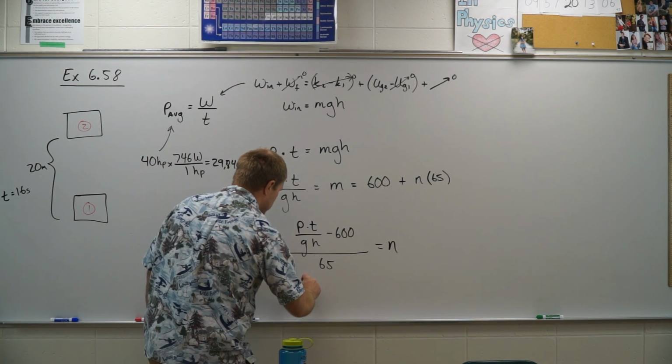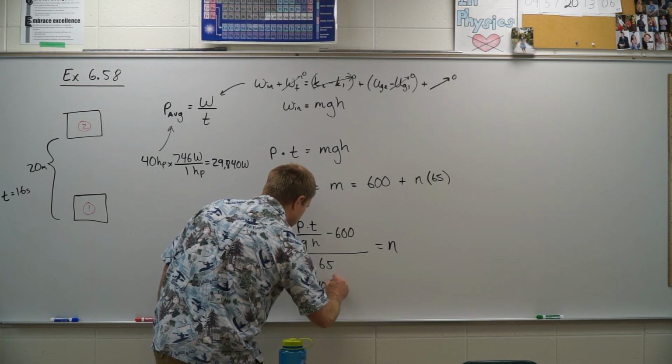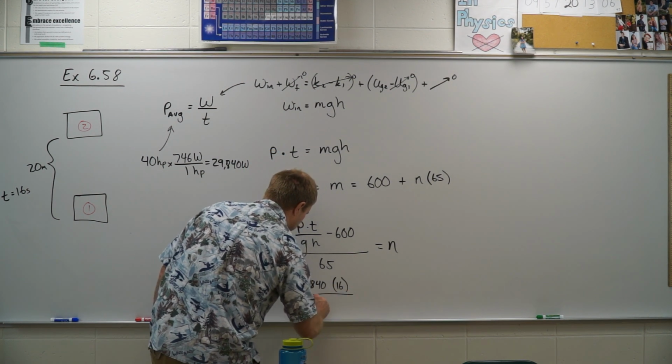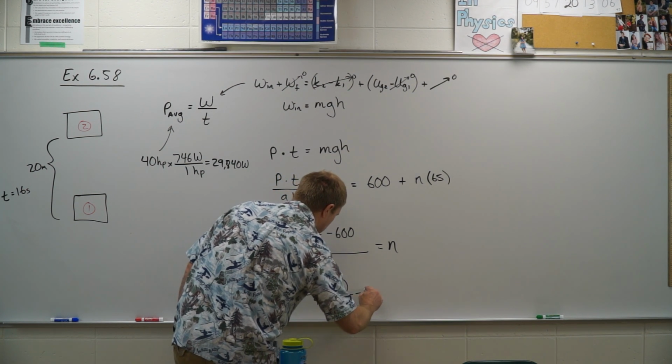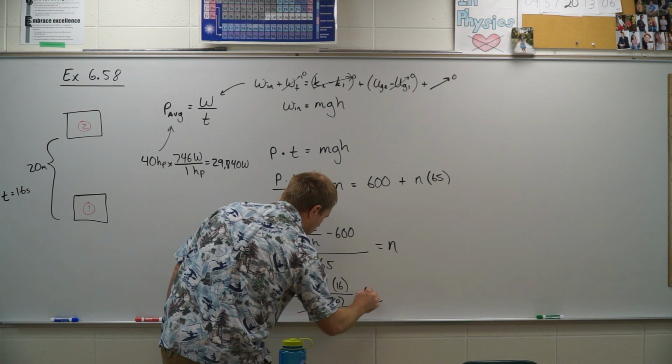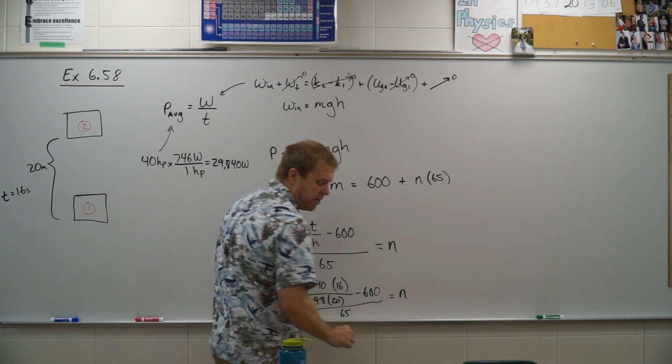So let's put those numbers in. 29,840 times 16 seconds, all divided by 9.8 times the 20 meters, minus 600, all divided by 65 will give me the correct number of people.